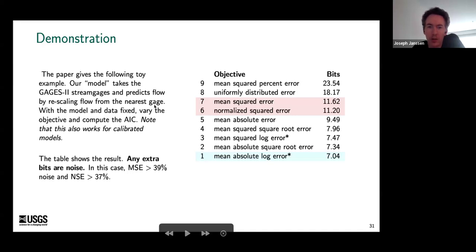Along the same lines, in this table, I think the bits column here is the KL divergence, right? Relative, I think I would call it the conditional entropy.